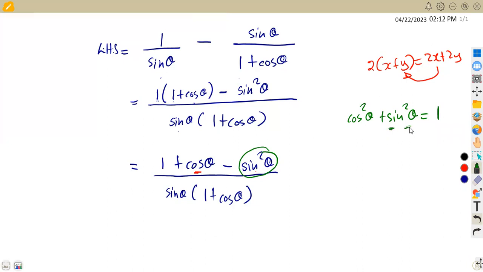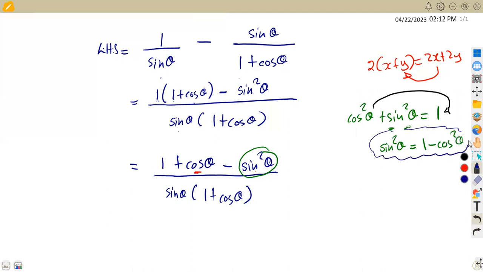So we can make sine squared theta the subject. That means sine squared theta is equal to transpose cos squared to the other side of the equation. This is going to be a negative. So it's 1 minus cos squared theta. So it means in place of sine squared theta, we can substitute with 1 minus cos squared theta.